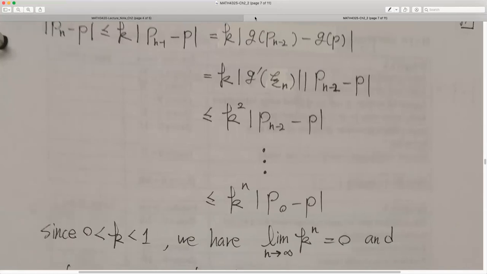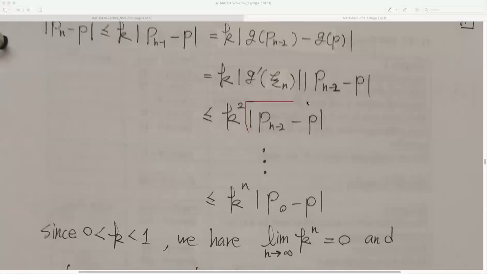Give me a second. So we can rewrite this one as what? This part is equal to the absolute value of g prime of c, right? n minus 2. I think this should be what? Just give me a second.